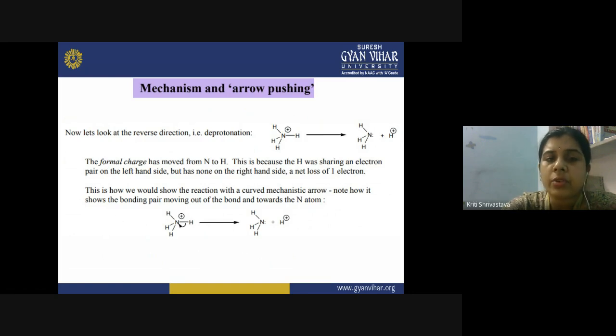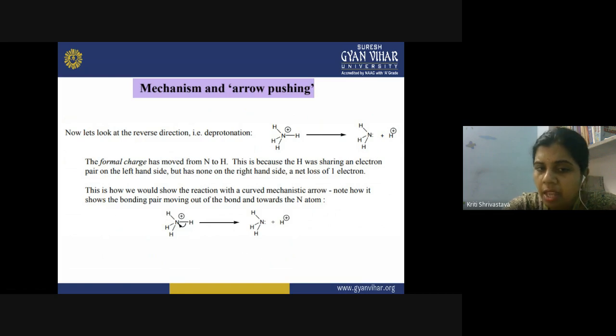Again, if you draw the curved arrow, the formal charge has moved from nitrogen to hydrogen. This is because the hydrogen was sharing an electron pair on the left hand side, and it has none on the right hand side. So net loss of one electron is for the hydrogen. So now you will draw the arrow in the opposite direction like this. Now electrons are coming back to the nitrogen, and the formal charge is going to the hydrogen.